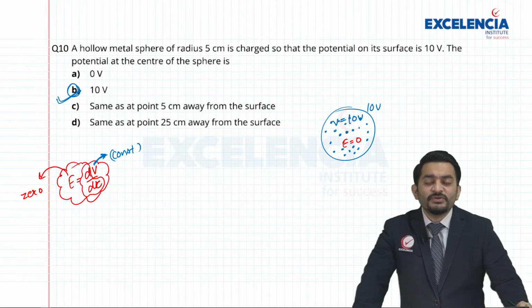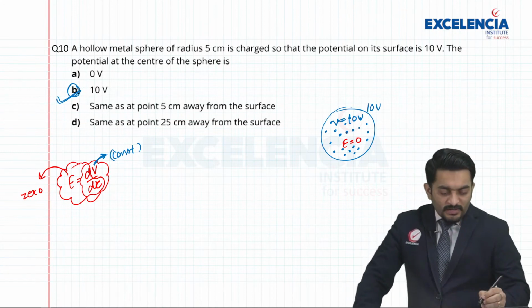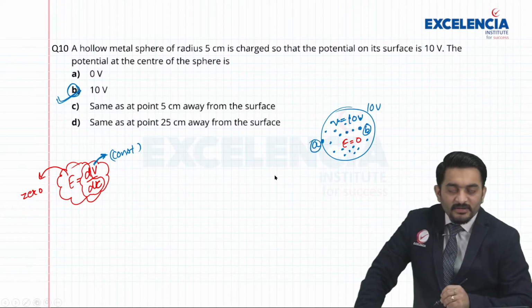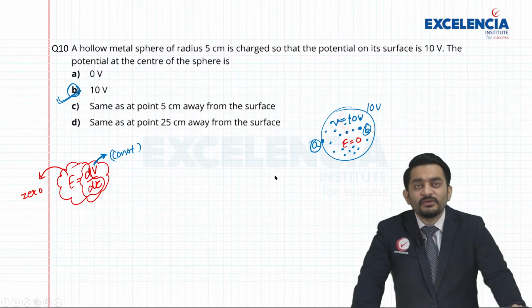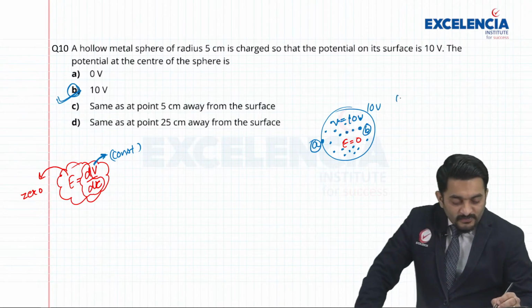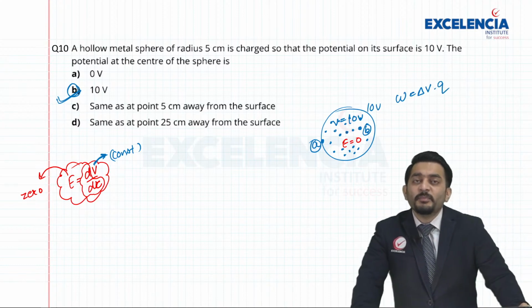One more thing you need to understand: if a question comes about work done, like what will be the work done if a charge is moved from above the surface to any point inside the surface, I think you know the answer. If the potential at two different points is the same, and you see the formula that work done is change in potential multiplied by charge, what happens?